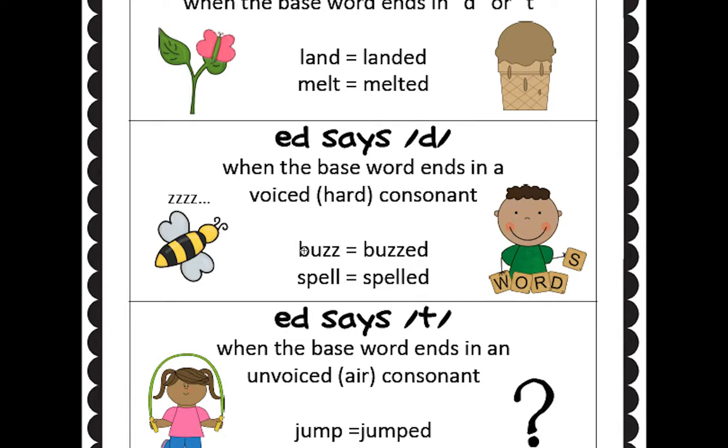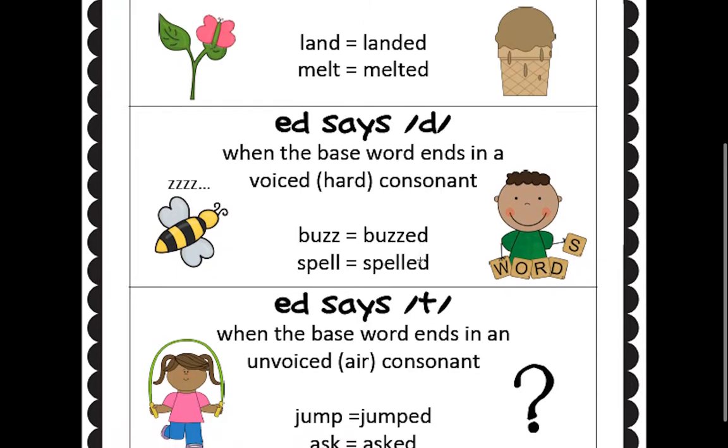So whenever we have a voiced hard consonant that makes our throat vibrate, when we add ed to the end of those words, it just has a d sound. So like buzzed, spelled. But although we just hear d, we need to make sure we are spelling that with an ed.